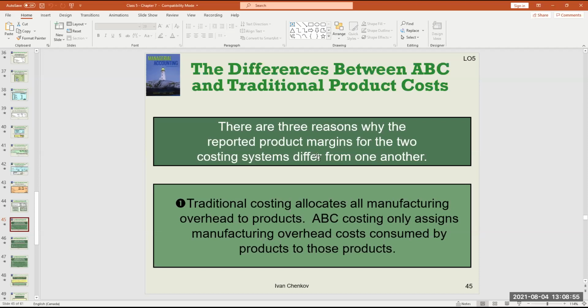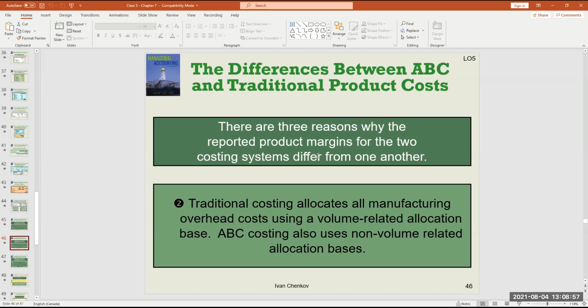Whatever is not used is not allocated. Traditional costing allocates all the manufacturing overhead using a volume-related allocation base, whereas in activity-based costing you can have a transaction allocation base, or you can have a duration allocation base, not always a volume-related allocation base.